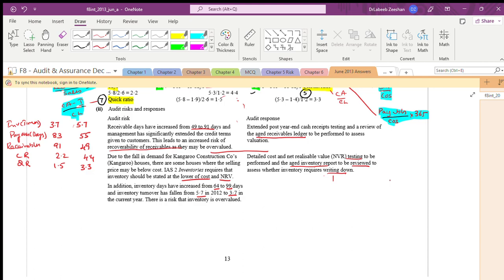First, you have to know that they have reduced the cost of the inventory below the lower of cost or net realizable value, and the inventory number of days has been increased. Take one, detailed cost or net realizable value testing, and subsequently the aged inventory report to be reviewed, whether there is anything with respect to writing down. Is it okay?